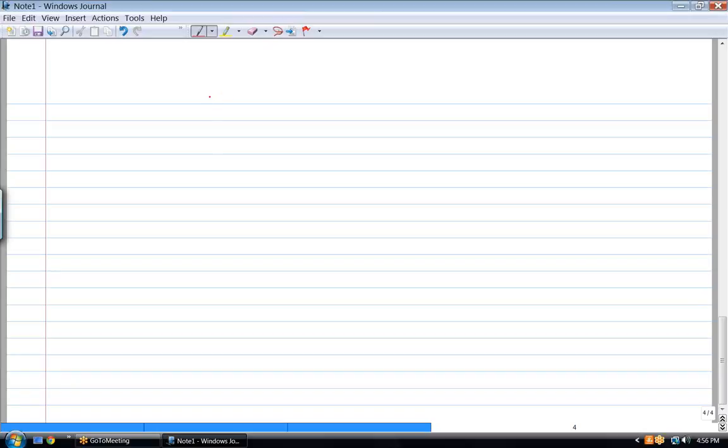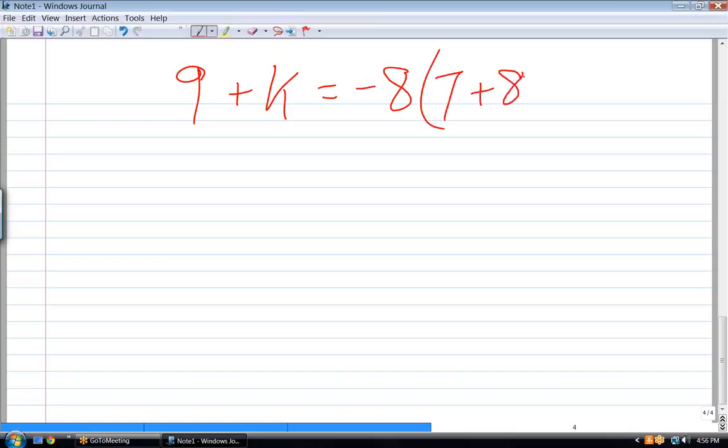Okay. 9 plus k equals negative 8, and in parentheses 7 plus 8k. Okay, distribute the right side. So you get 9 plus k equals negative 56 plus negative 64.